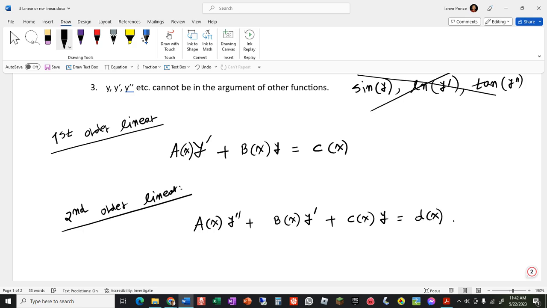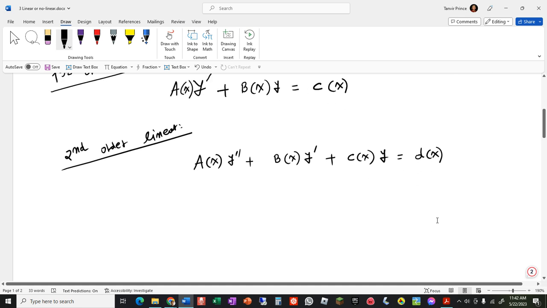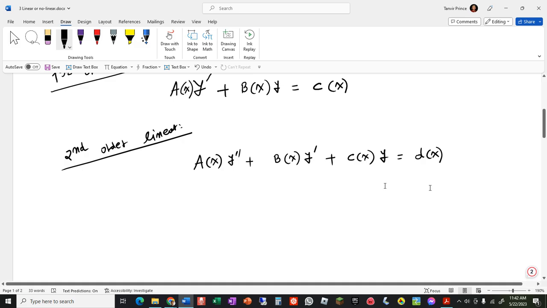Again, the term that does not have any y or y prime, I move it to the other side. So you probably get the pattern. By the way, the independent variable x can be anything. It can have sine x, x squared, x cubed. We do not care. We're only interested in the unknown function, y prime, y double prime, etc.